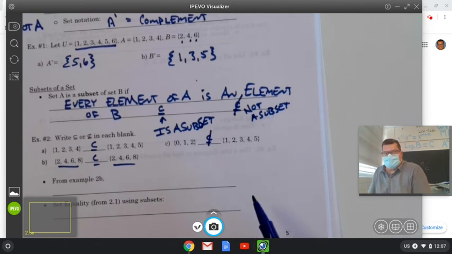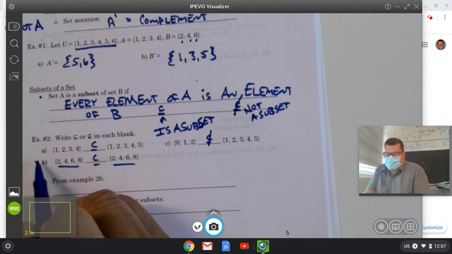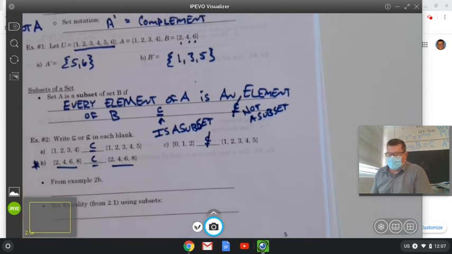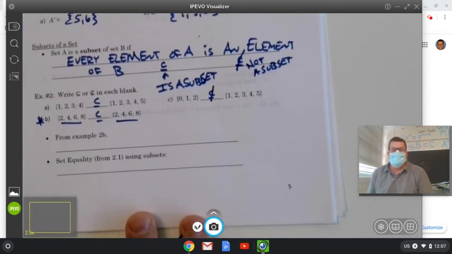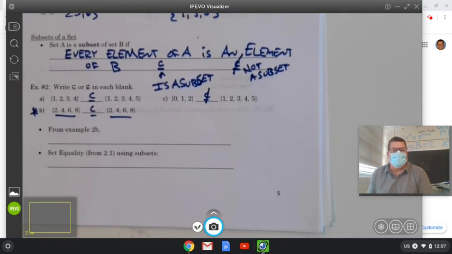So far, so good? Look at this number up here, 2b, and what can you conclude about 2b? It's fancier than some of the other problems. Can anybody say something profound about 2b? They're the same.